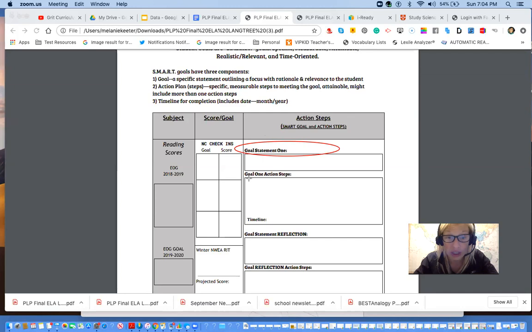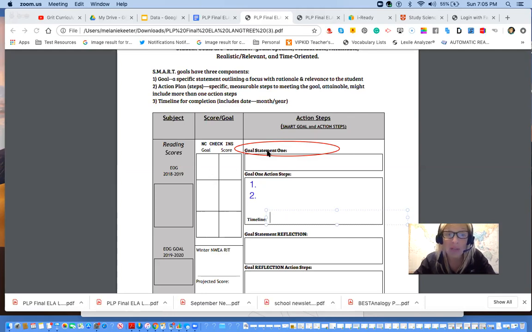And my action steps will be listed in this box. I'm going to work really hard in vocabulary and independent reading in those classes. And then my timeline for that goal would be 1 school year. Maybe I don't want to focus on the EOG. Maybe I want to focus on my check-in scores.